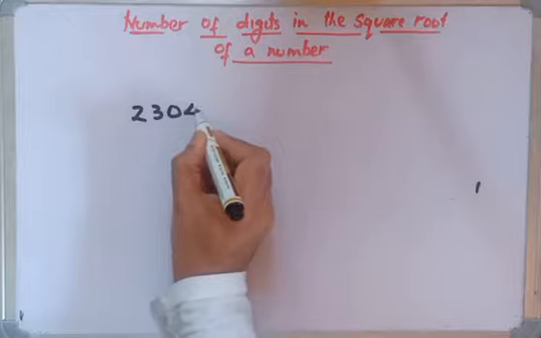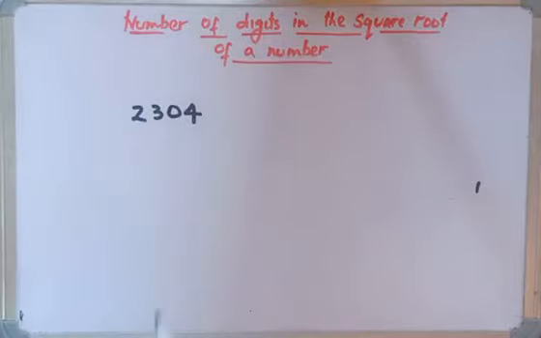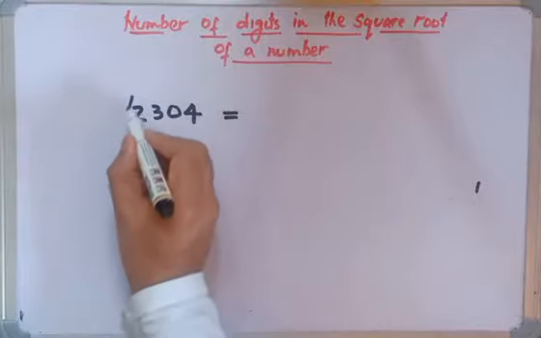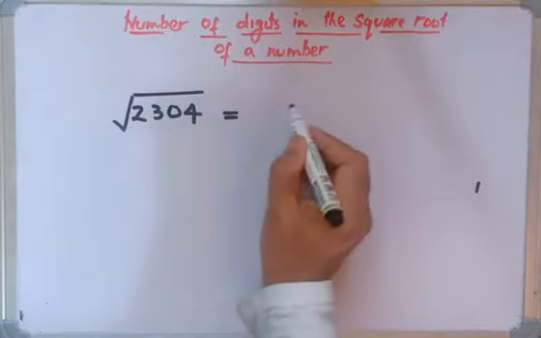2304, this is a number, and you are asked to find the number of digits in the square root of this number.